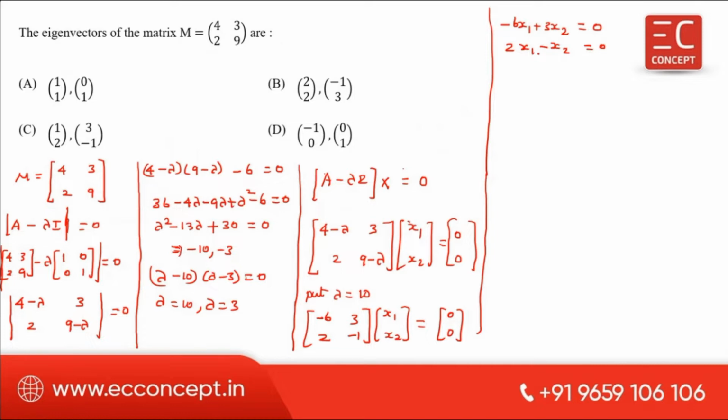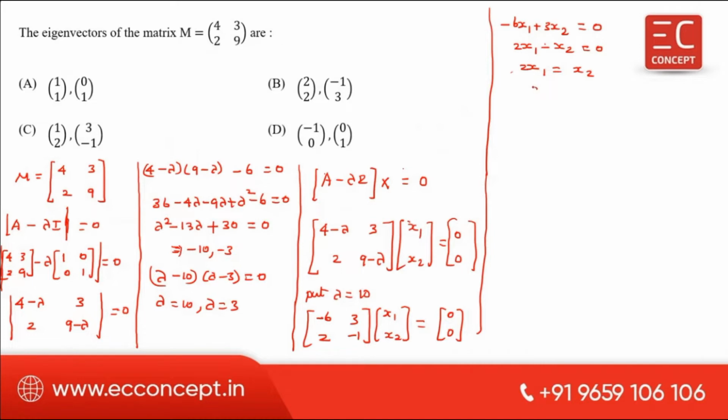If you simplify both equations, this equation we can further simplify: 2x1 minus x2 is equal to 0, right? Therefore 2x1 is equal to x2.